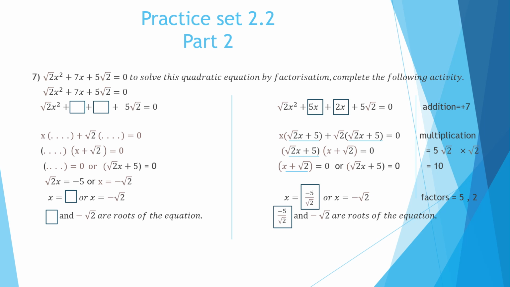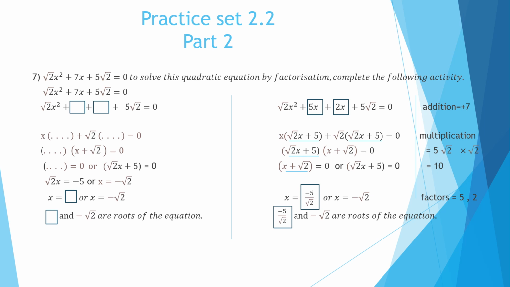So let's start. The equation is root 2x square plus 7x plus 5 root 2 is equal to 0. So first we find the factors whose addition is plus 7 and multiplication is root 2 into 5 into root 2, which is equal to root 2 into root 2, 2, and 5 into 2 is equal to 10.